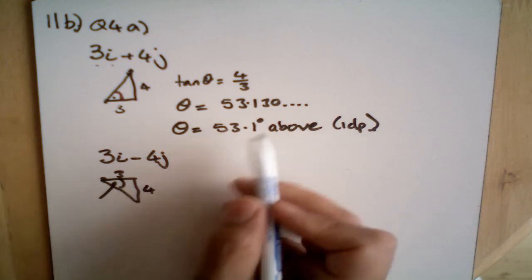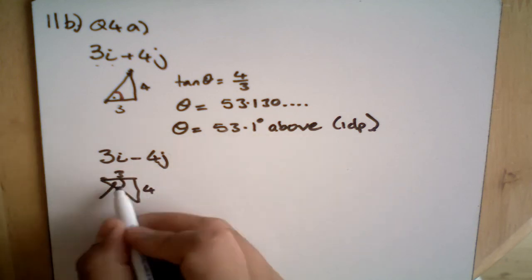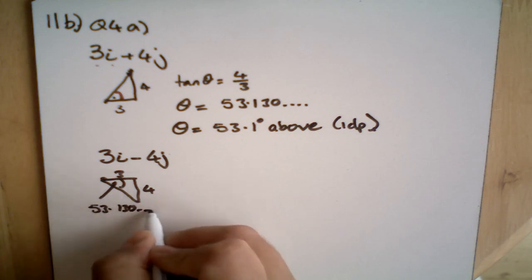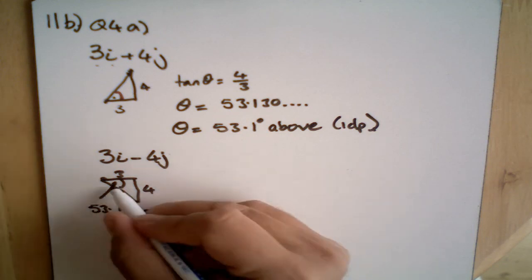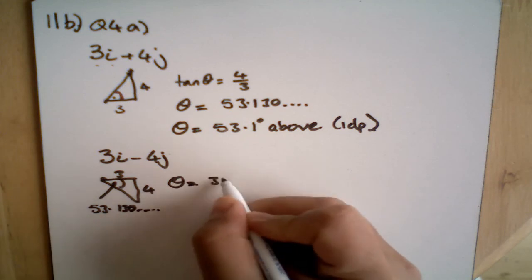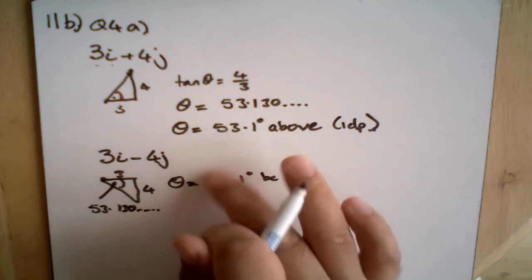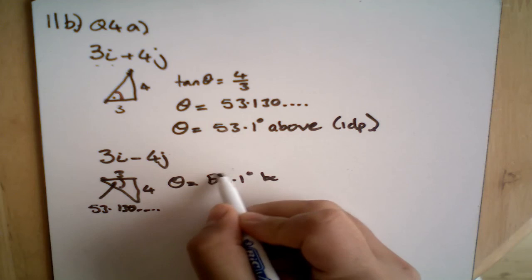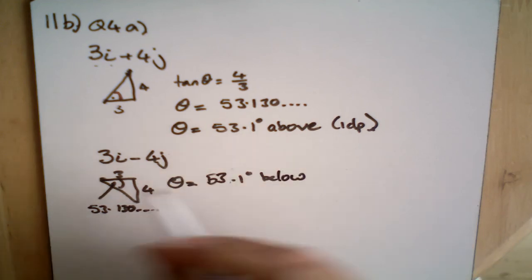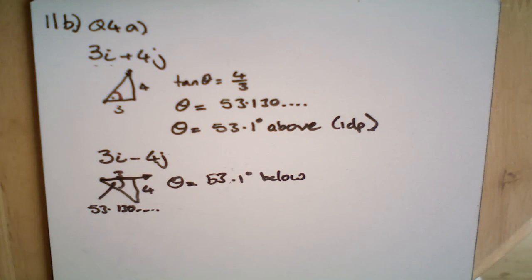The same bit of trig would have gone through: tan of theta was equal to 4 over 3 again, so this angle would have become 53.130, etc. But when I wanted to say what the value of theta was, I would say this was 53.1 degrees, but this time it occurs below the axis, below the positive x, because this is where the positive x is.